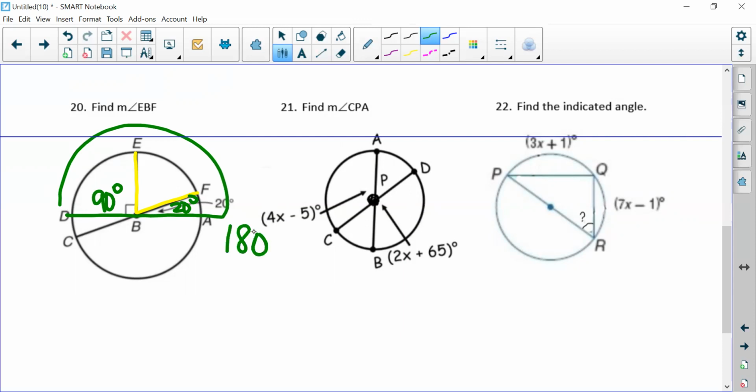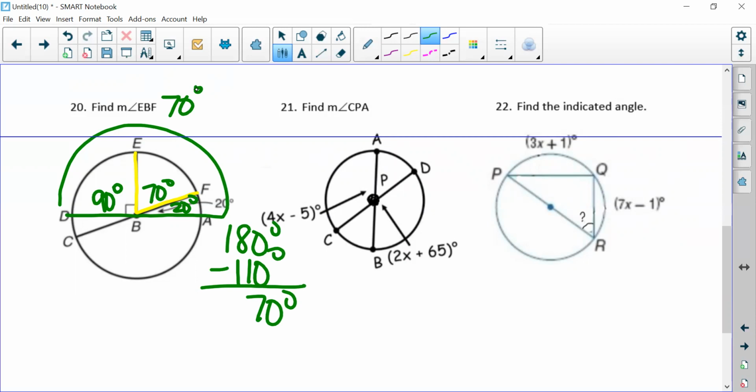We can do 180 minus 90 plus 20, which is 110, and we're able to figure out that the measure of angle EBF is 70 degrees, okay?